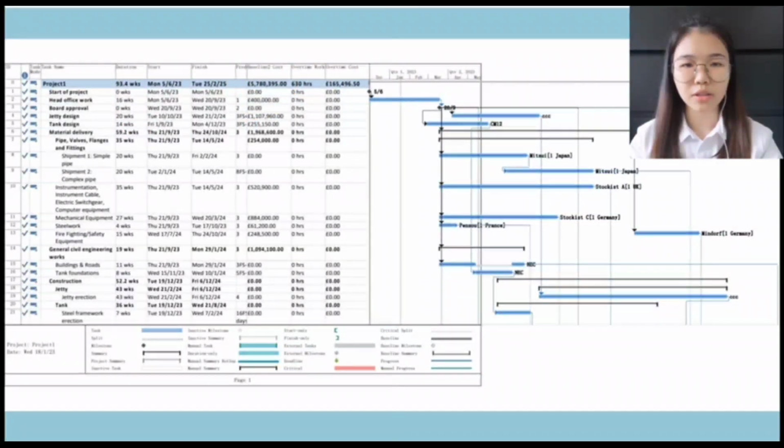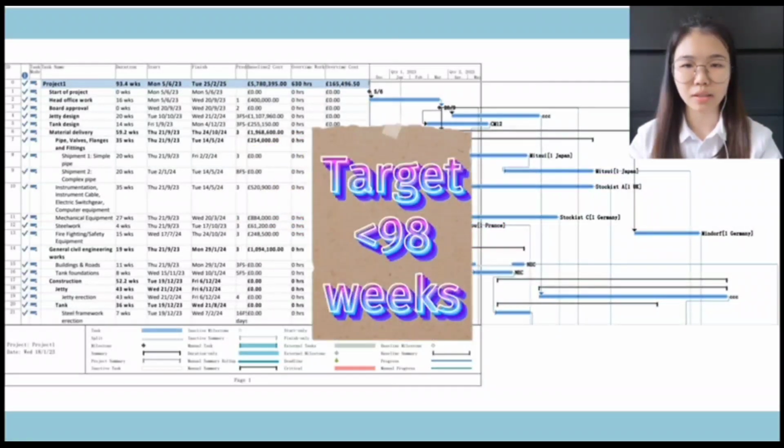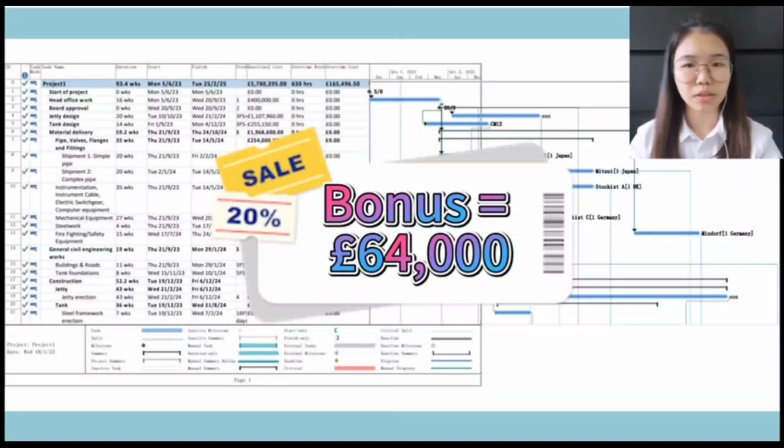In this session, the total overtime also remained at 630 hours at a cost of £165,000. Therefore, the total cost for this section is £5.95 million. The project still took less than the 98-week target, and thus our team will receive a bonus of £64,000.